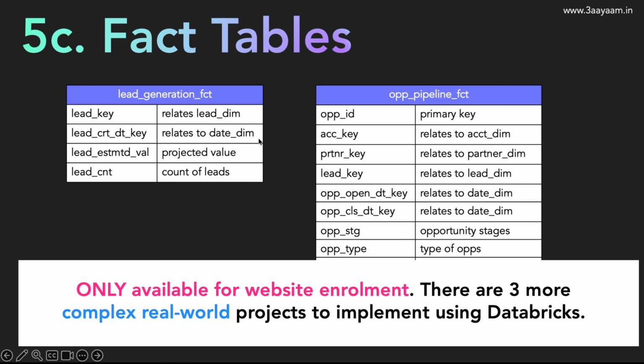These are the fact tables, the lead generation fact. So the left hand side contains the name of the column and the right hand side contains the description of the column. For example, lead key is related to lead dimension. Lead estimated value is projected value, and then lead count is count of leads. So for each lead, there should be one value here. Similarly, for opportunity pipeline fact, these are the names of the columns and these are the relationships.